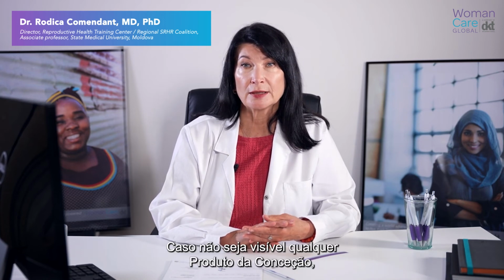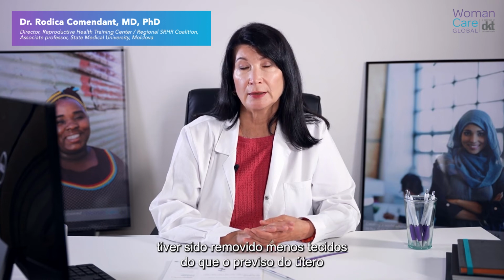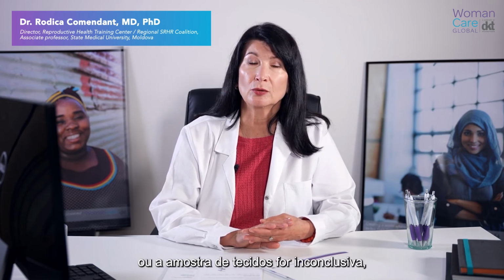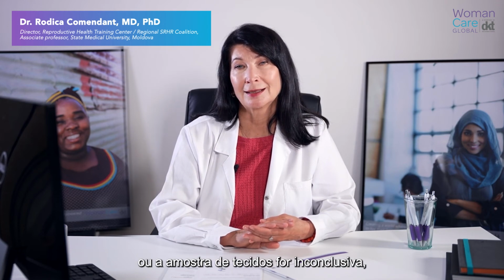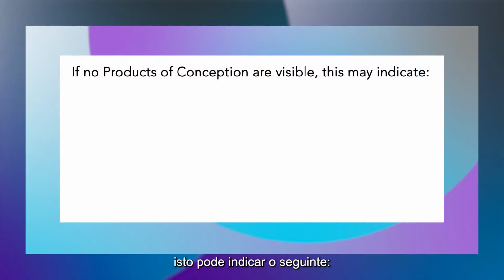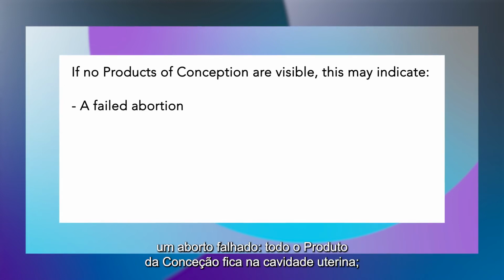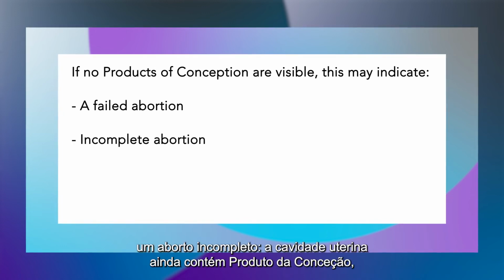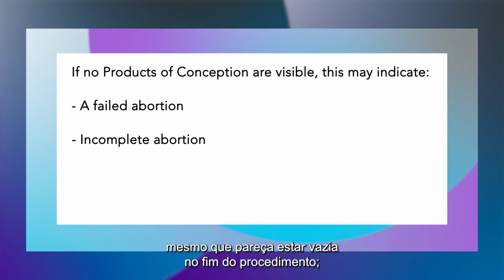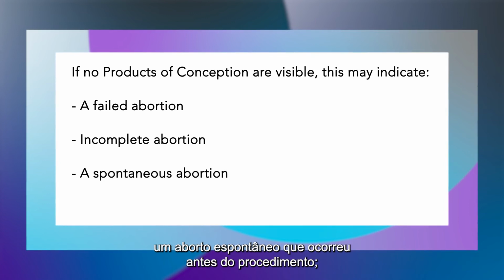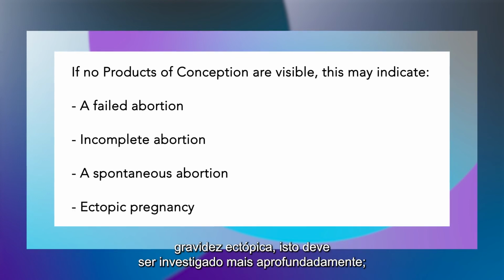If no products of conception are visible, less tissue than expected was removed from the uterus, or the tissue sample is inconclusive, this may indicate the following: a failed abortion, when all product of conception remain in the uterus; an incomplete abortion, where the uterine cavity still contains some product of conception, even if it appeared to be empty at the end of the procedure; a spontaneous abortion that completed prior to the procedure; or an ectopic pregnancy, and this should be further investigated.